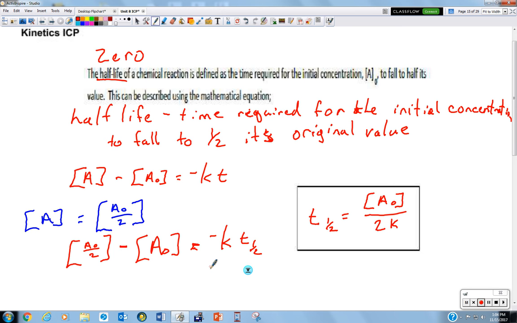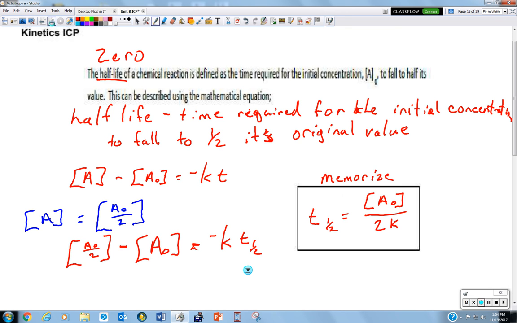I'm not going to go through all of that. I just want you to see. You do, unfortunately, have to memorize this one. But if you think about it, all you really have to remember is this, so you can plug in your original concentration, and then for A, you just divide your original concentration by 2, and you can solve for there.